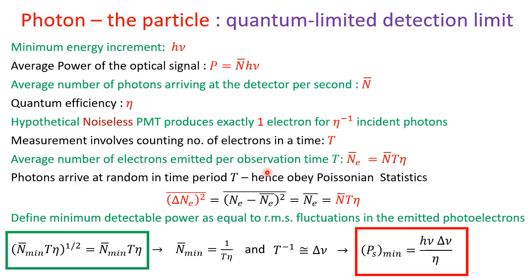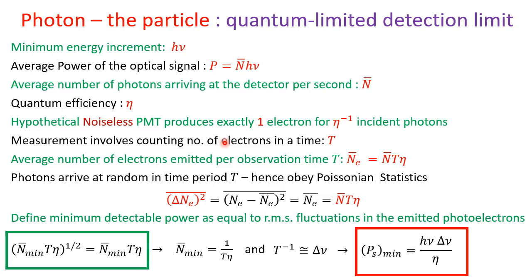So before I go ahead, I want to dwell a little bit on this quantum limited optical detection, right? These are just fundamental arguments that tell you why it works the way it works in terms of the Poissonian distribution and so on. So remember, what we are doing is we are trying to make the detection process dominated by the shot noise.